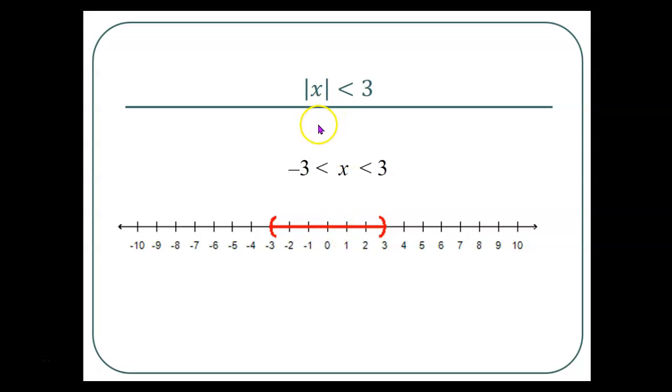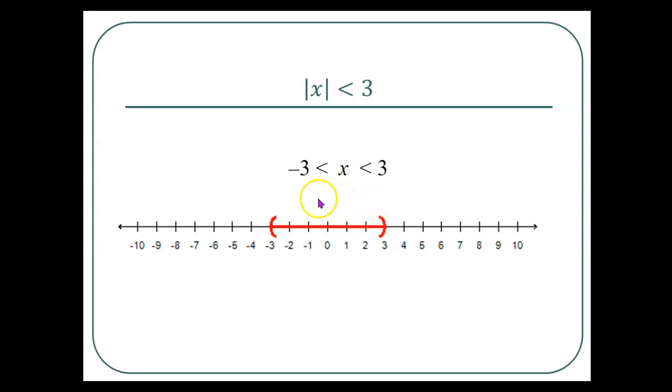If x is a negative number, then what we don't want is for x to be down here, like -5, because then the absolute value would be +5, and that's not less than 3.